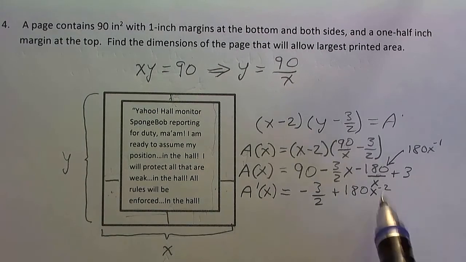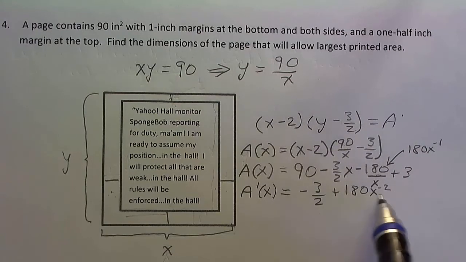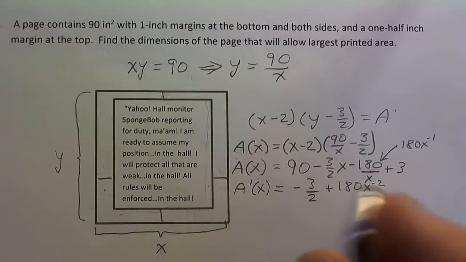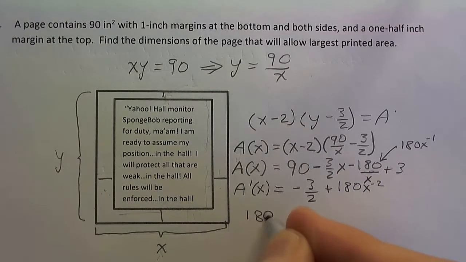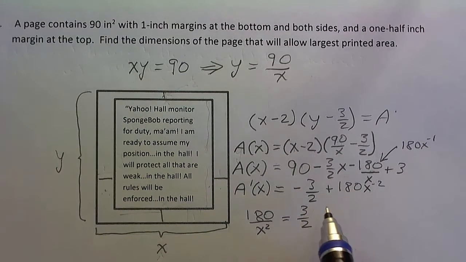See, I kind of jumped the gun differentiating before I set it up where I could use the power rule, but this is the derivative. Okay. Now I want to set this equal to 0. So I've got 180 over x squared equals 3/2.